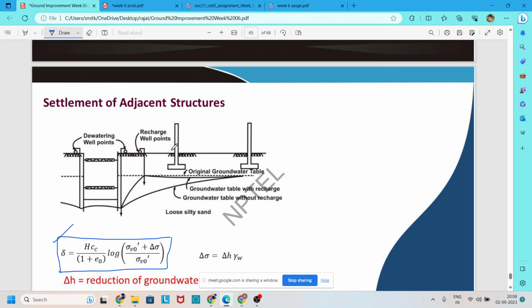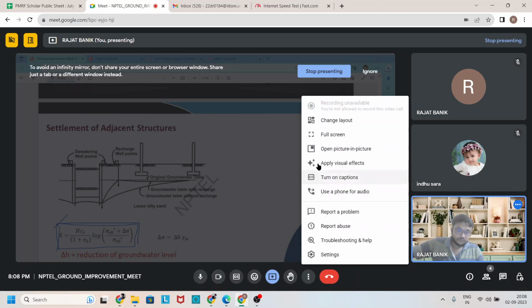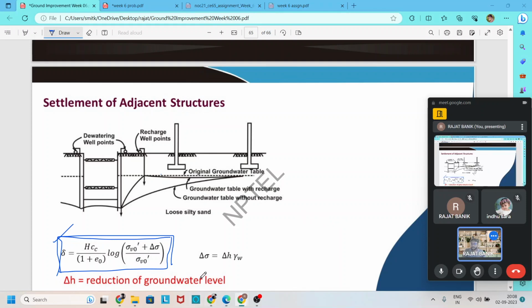To find out the quantity of the recharge, we need to find out, by this arrangement, how much effective stress will increase when the groundwater is lowered, and for a certain settlement.